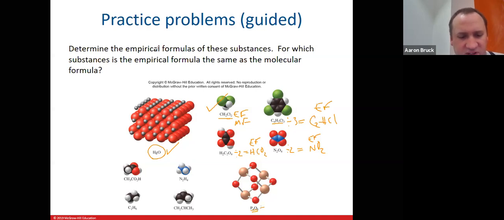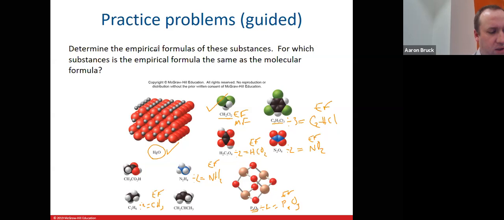Each of these numbers is divisible by 2. I get P2O3 as my empirical formula. N2H4. Each of those numbers is divisible by 2. I get NH2 as my empirical formula. C2H6. Each of those numbers is divisible by 2. I get CH3 as my empirical formula.